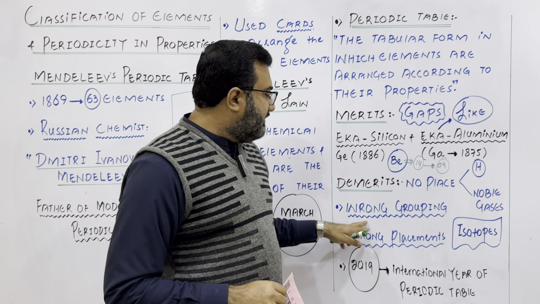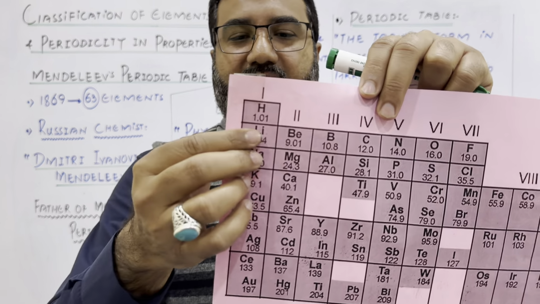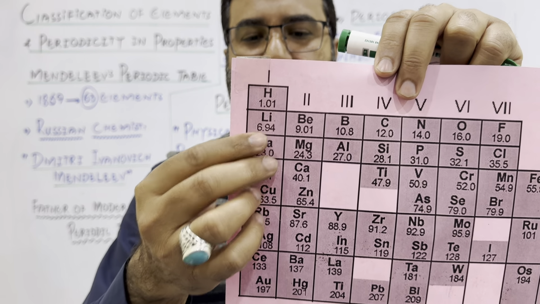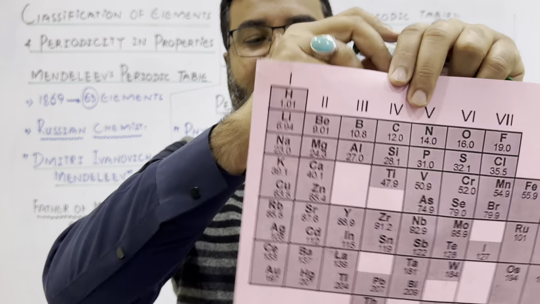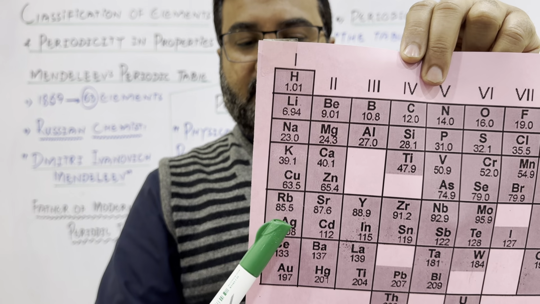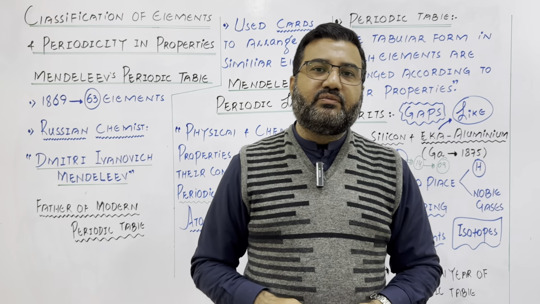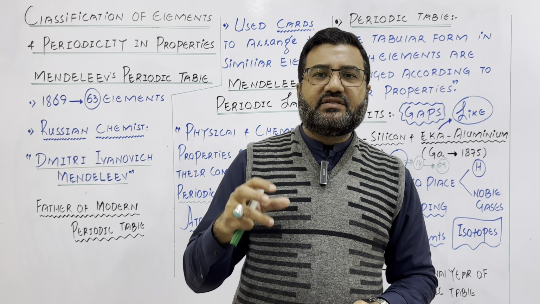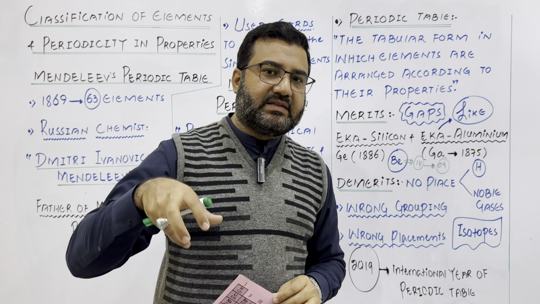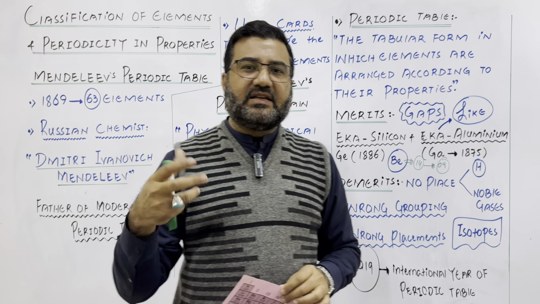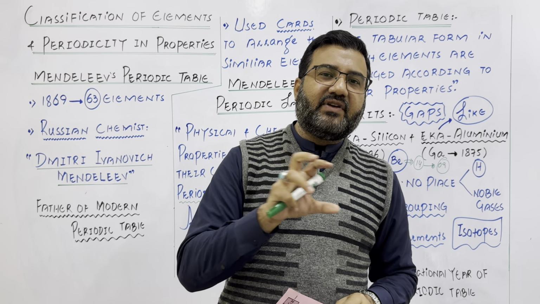The third, that was wrong grouping. Dear students, you can see the group 1, lithium, sodium, potassium, they are three alkali metals, and now they are placed with copper, silver, gold. These are three coinage metals which are used to make coins. Now, dear students, alkali metals are very soft and very reactive metals, and the coinage metals, silver, gold, and copper, they are very inert metals and they are very hard metals.